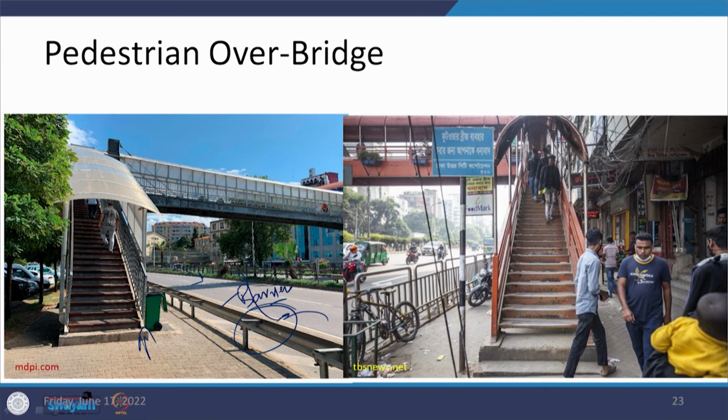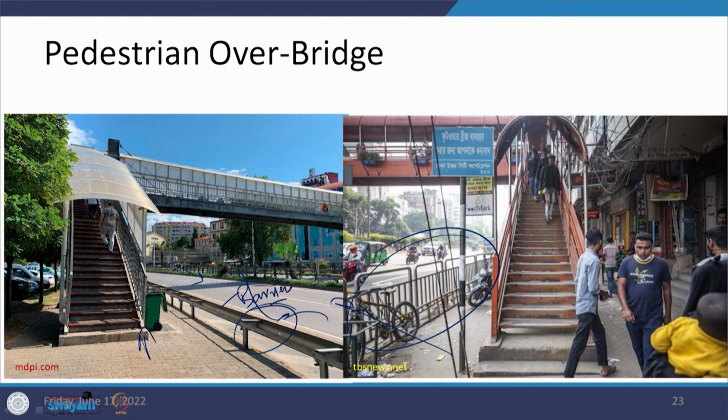The other thing being ensured is the provision of the railing, so that pedestrians do not try to cross at the ground level and go to the other side, thus creating a situation where a crash or major injury can happen. That is being prevented by the provision of these features.